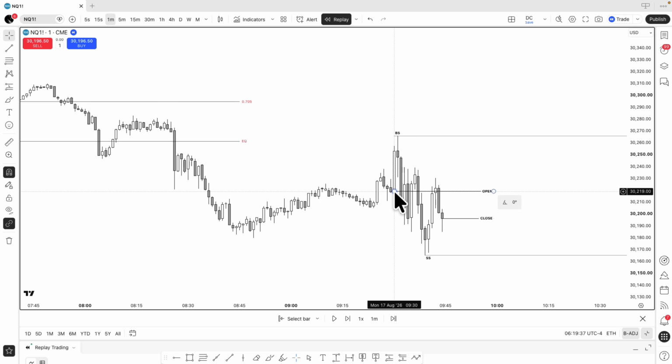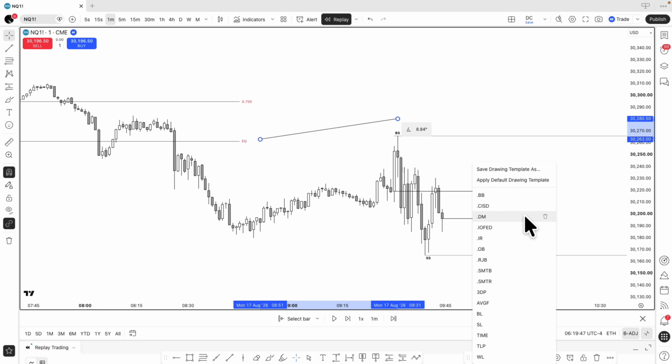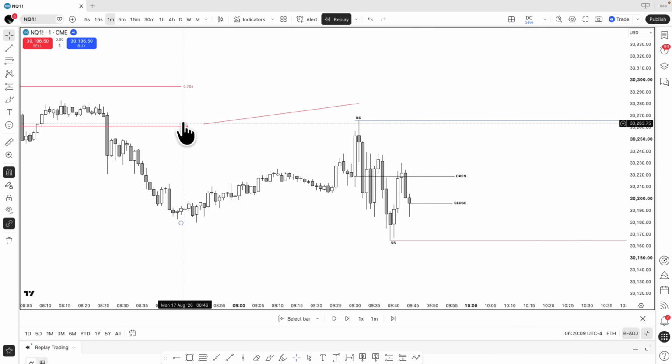So the candle opens, we deliver, engaging with this range level right here being your equilibrium, and there is also an equilibrium cracking correlation, and from that engagement with the equilibrium, this 9:30 candle ends up becoming an order block.